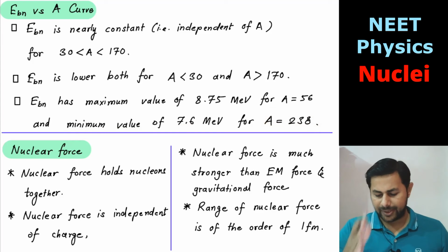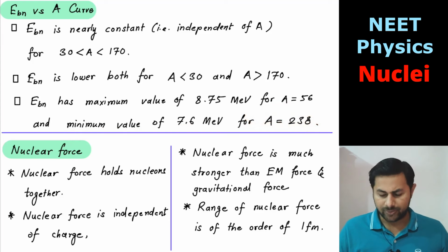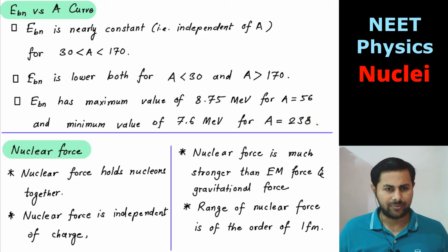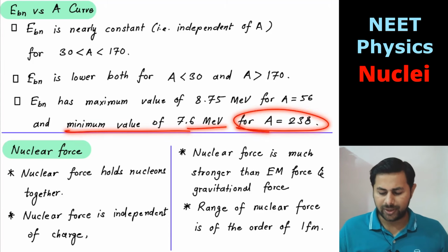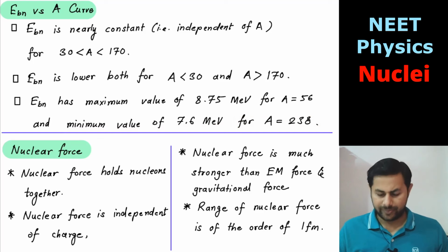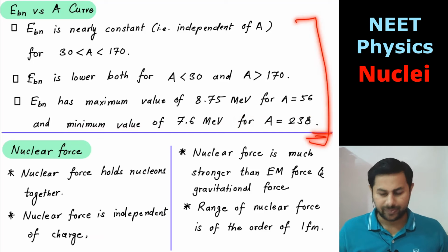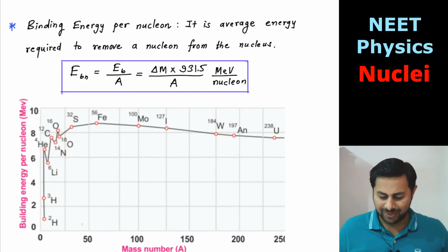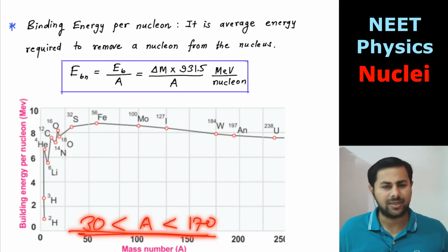So that is after 30. Minimum value, right, because for deuterium, tritium, etc., the value is very low. We have seen that. So the minimum value is 7.6 mega electron volts for A equals 238. So you need to remember these points. Now see, if mass number is between 30 and 170, the nuclei are stable.